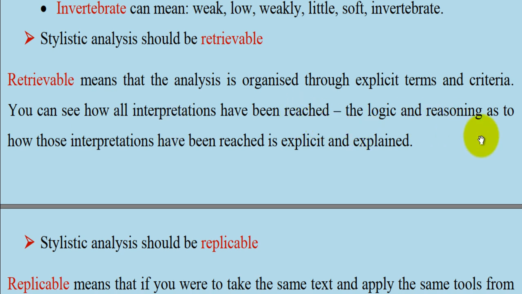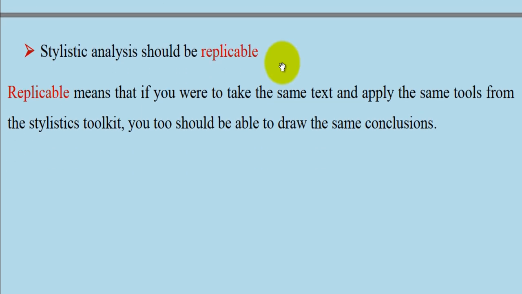The logic and reasoning as to how those interpretations have been reached is explicit and explained. يعني داك التحليل خاصو يكون واضح ونعاودو نشوفو how all the interpretations have been reached. كي درنا توصلنا لكاع دوك التأويلات. يعني the logic and reasoning behind arriving at these interpretations تيكون explained and clear.